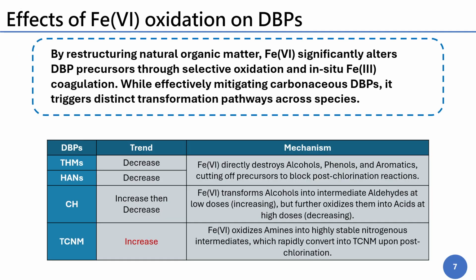Okay, now I'm going to introduce the effect of ferrate(VI) oxidation on DBPs. By restructuring natural organic matter, ferrate(VI) significantly alters DBP precursors through selective oxidation and in situ Fe(III) coagulation, while effectively mitigating carbonaceous DBPs.